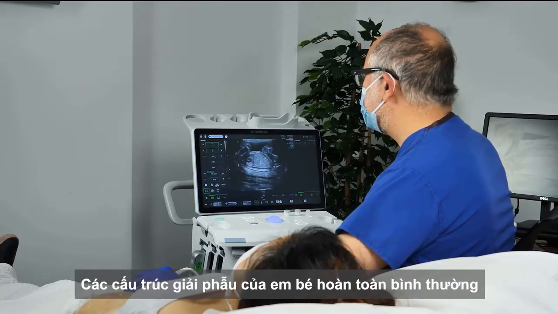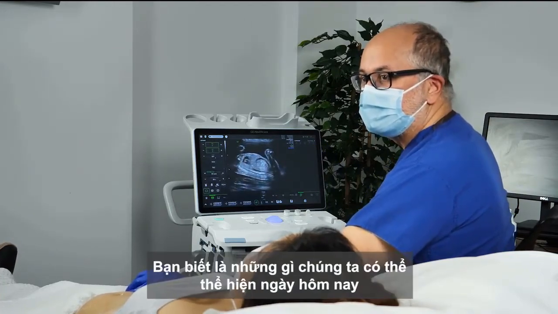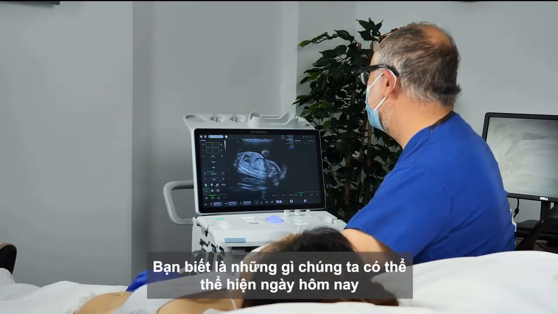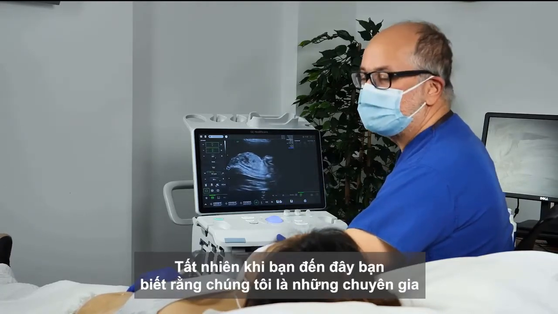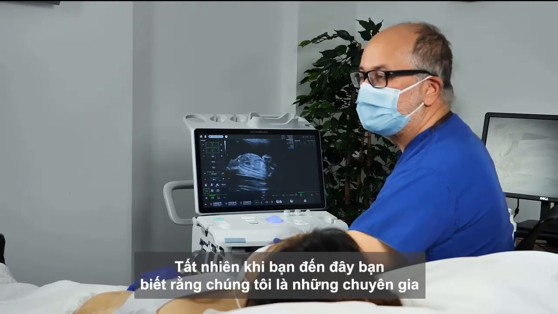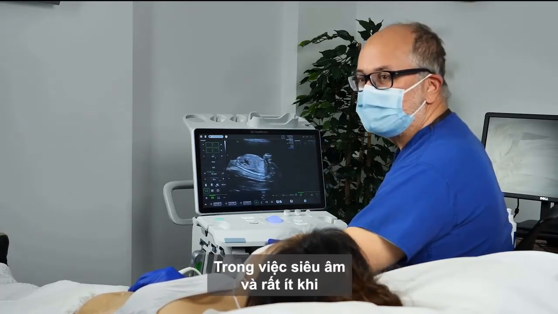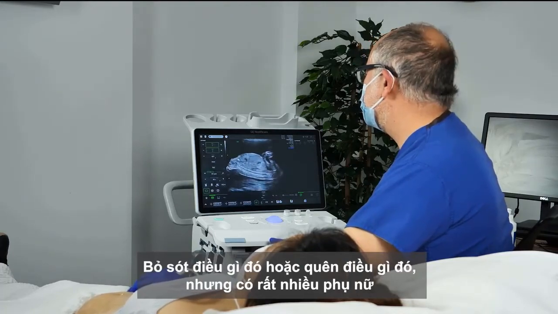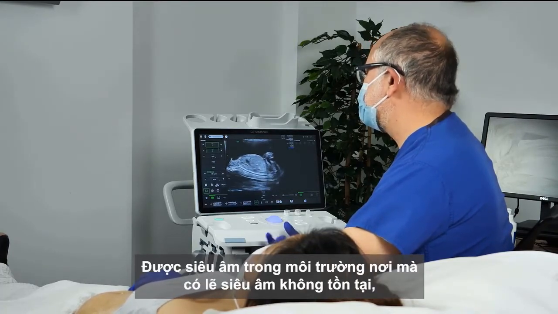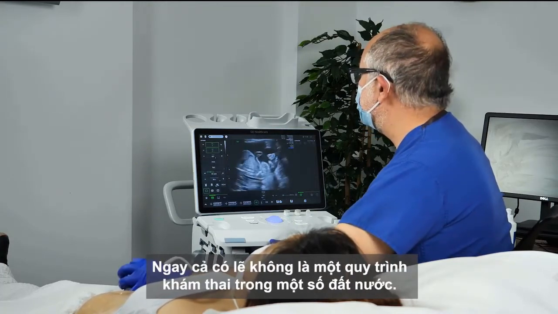The anatomy of the baby is completely normal, but what we've been able to demonstrate today with your help is quite how, obviously when you come here, we're very expert at doing ultrasound scans, and unlikely to miss things or forget things. But a lot of women have ultrasound in settings where ultrasound may not be available, may not even be routine.